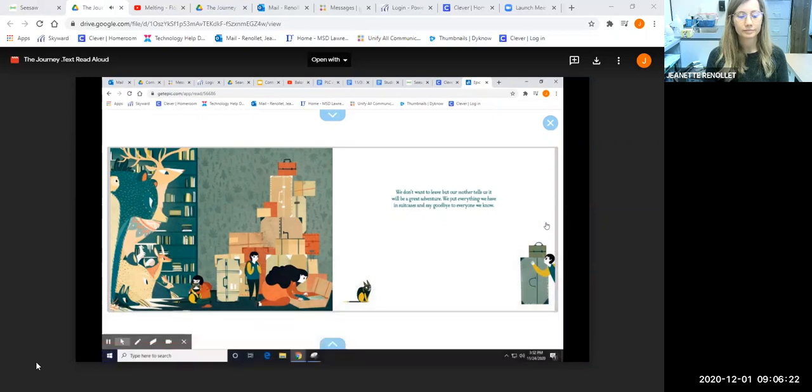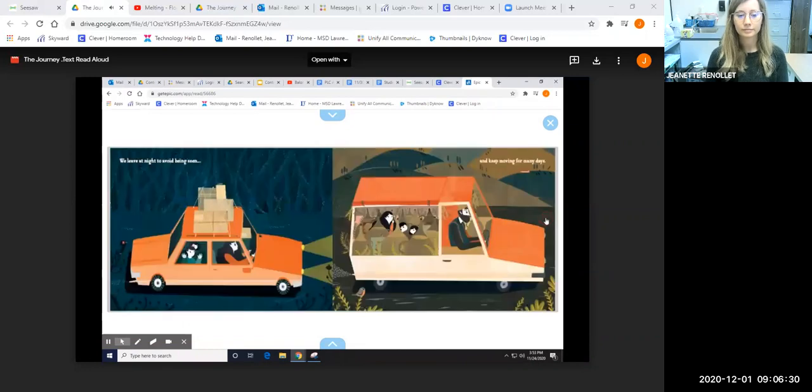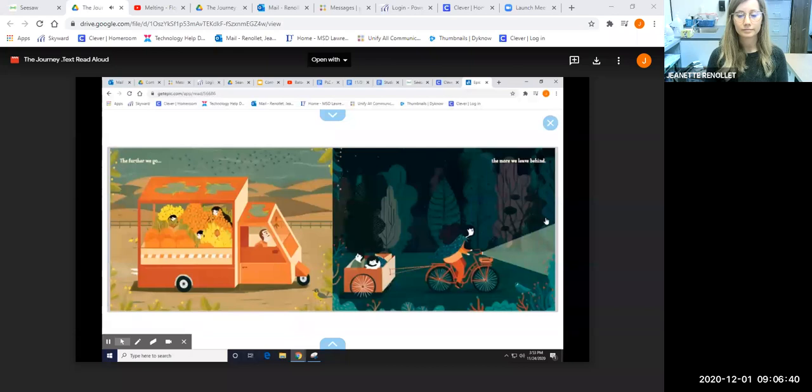We put everything we have in suitcases and say goodbye to everyone we know. We leave at night to avoid being seen and keep moving for many days. The further we go, the more we leave behind.